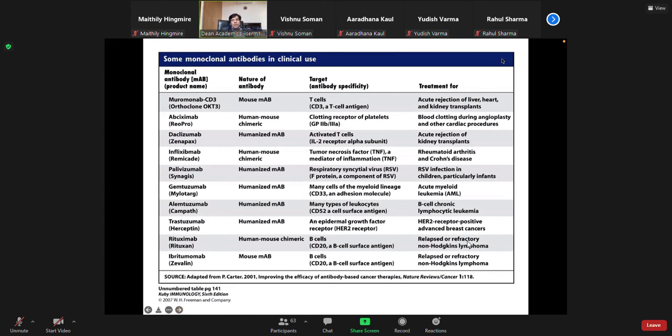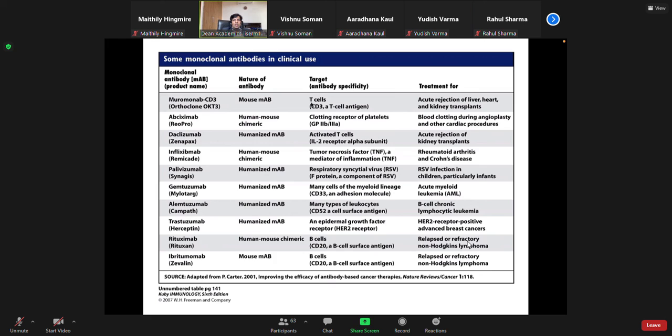Okay, this table lists many of these antibodies which are used for treatment of different cancers or infectious diseases. Predominantly these are against cancer antigens, but in this case, palivizumab is against RSV infection and is used in children.